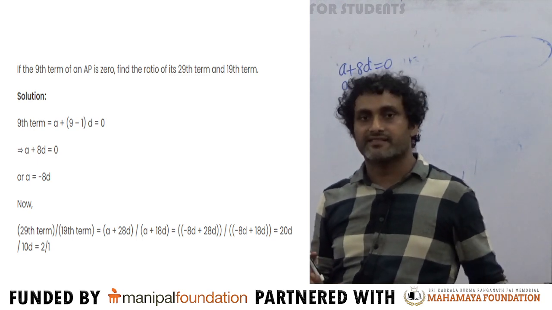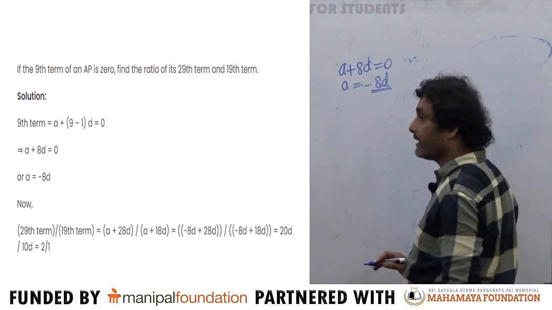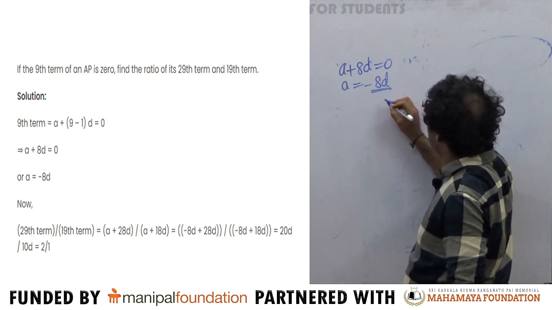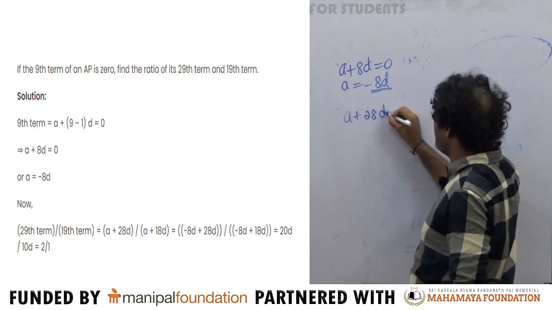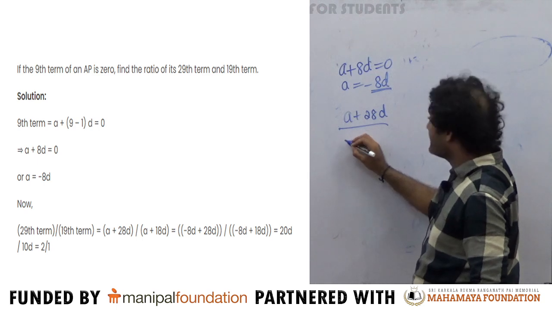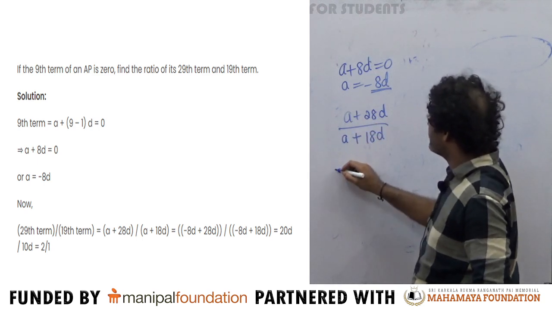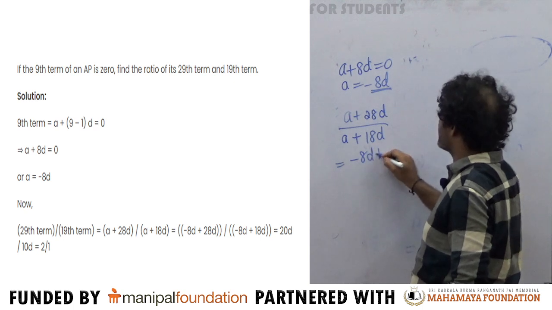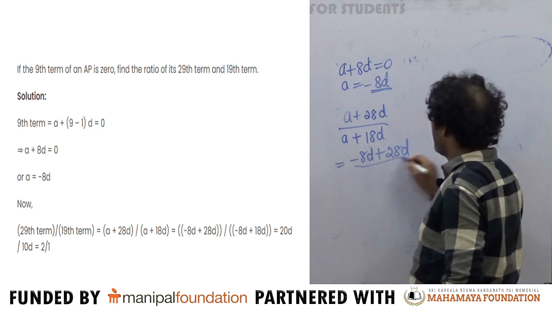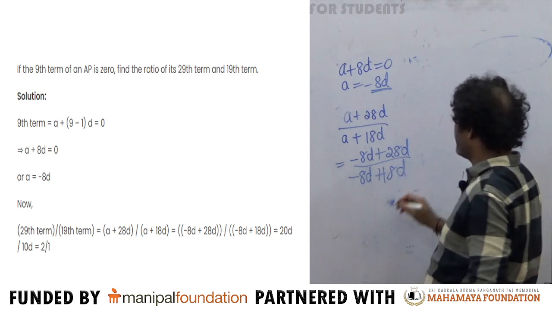Get the data. This is the data. And what's the ratio of the 29th term and the 19th term? Who is the 29th term? A plus 28D, and the 19th term, A plus 18D. But what will I put instead of A? Shall I put minus 8D plus 28D divided by minus 8D plus 18D?